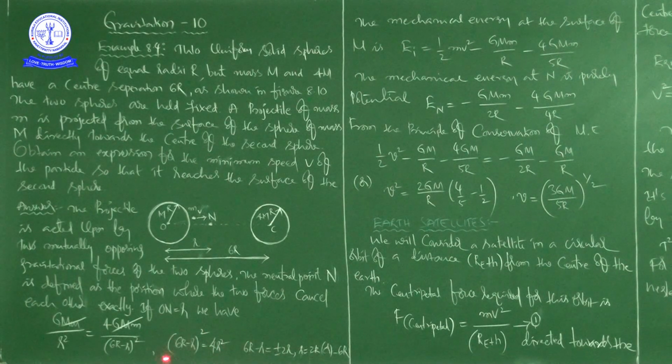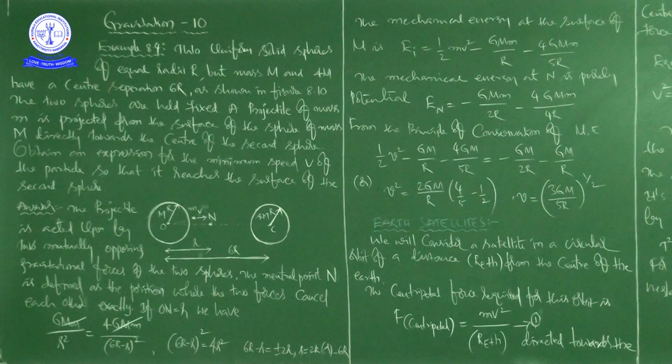So the square will get cancelled. 6R minus r is equal to plus or minus 2r. So finally you can write the r value as either 2R or minus 6R.